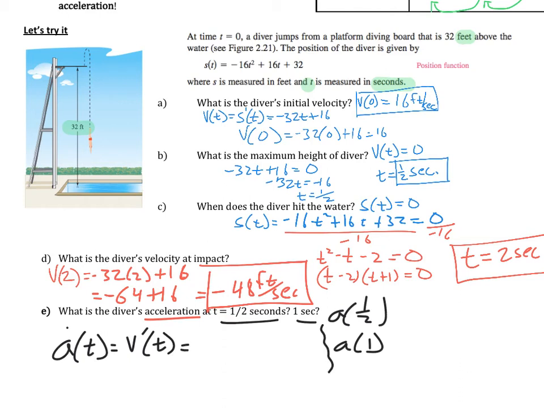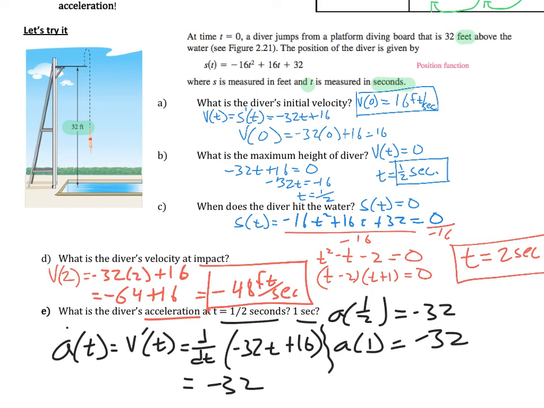With our velocity function here, negative 32t plus 16, we've got the derivative d/dt of negative 32t plus 16, and that is just negative 32. So the acceleration is negative 32 at 1/2, and at 1, negative 32, because that's the acceleration due to gravity.